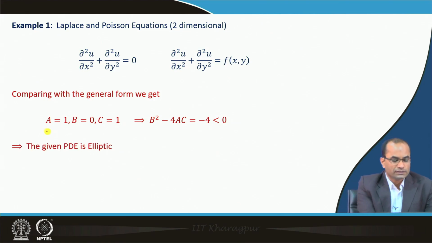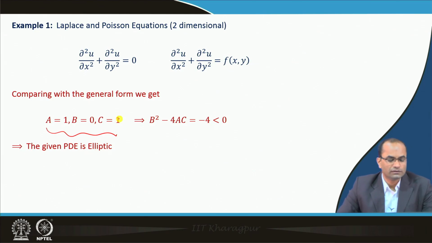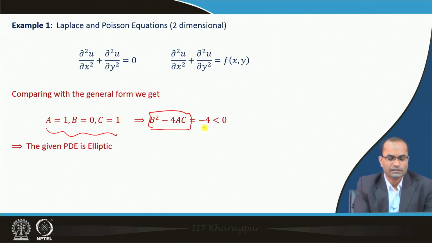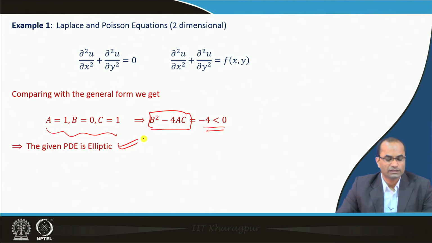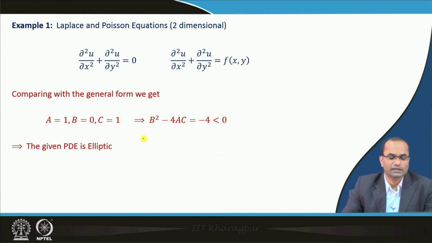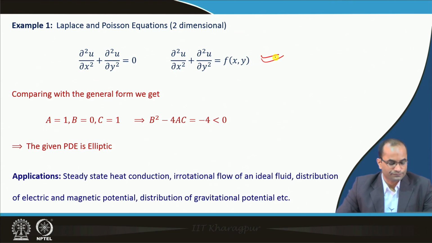Based on this classification, we just have to look at these coefficients a, b, c, compute the discriminant, and then we can classify the equation. So, this is a typical example of an elliptic equation, and both these equations, whether Laplace or Poisson, are elliptic.